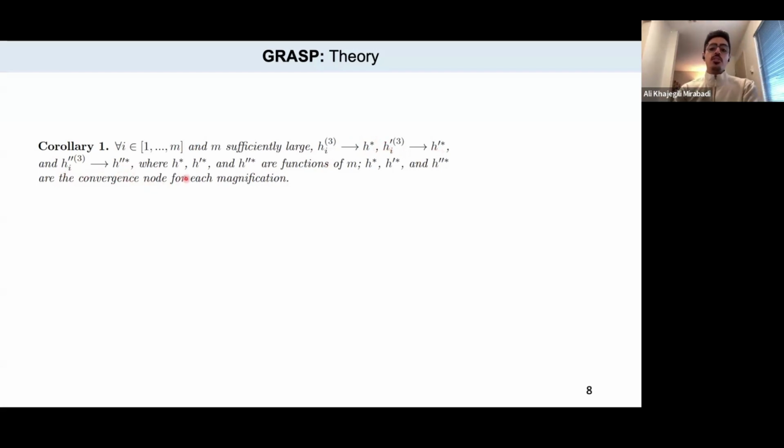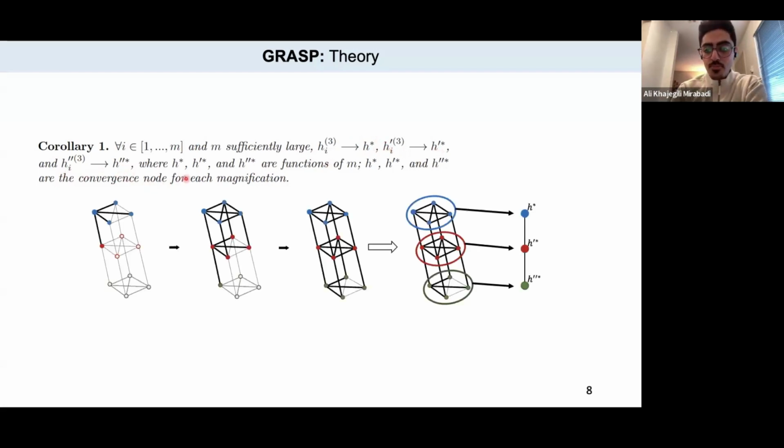So we will end up with 3 different nodes to represent all the graphs without the need for a pooling layer. So that's the theory behind the inter-magnification convergence that happens in the graph. After broadcasting, we end up with these nodes that converge to a really simple, basically tree here.